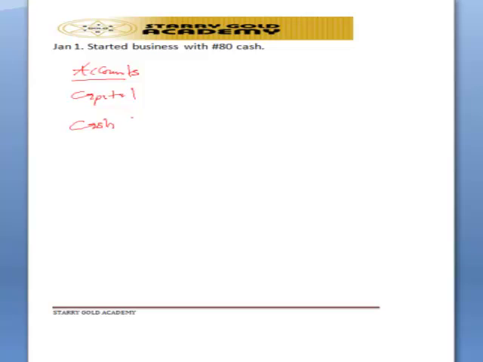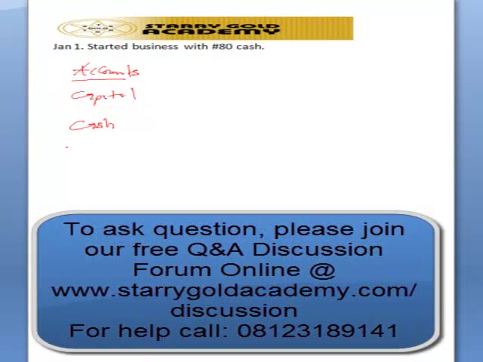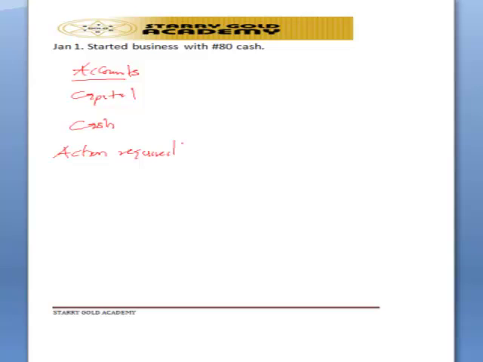Capital is giving and cash is receiving this money. So what do we do? The actions to be taken. The action required to record this is that the giver here is capital.